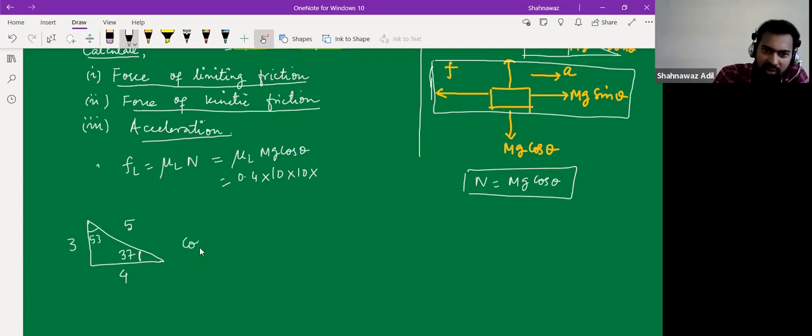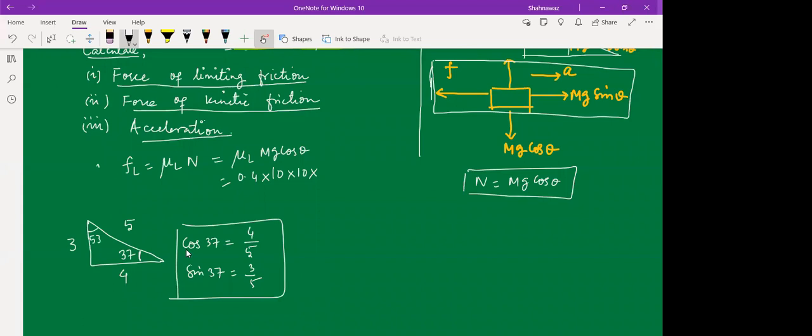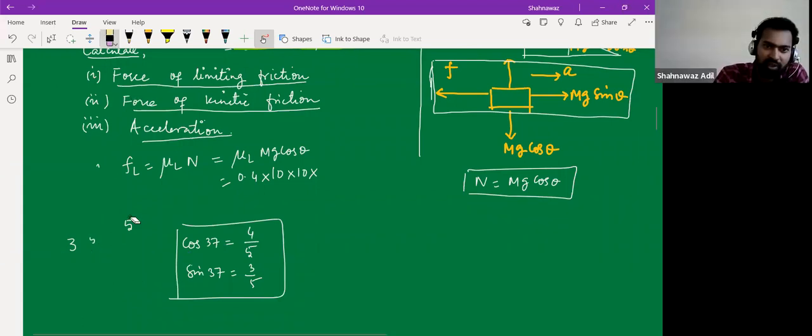So cos 37 will be B by H, and sin 37 will be 3 by 5. Do you guys remember? So cos theta is 4 by 5. So the 5 and 10 cancel, and this will be 4, and this is 8. 8 fours are 32. And what will be the kinetic friction?